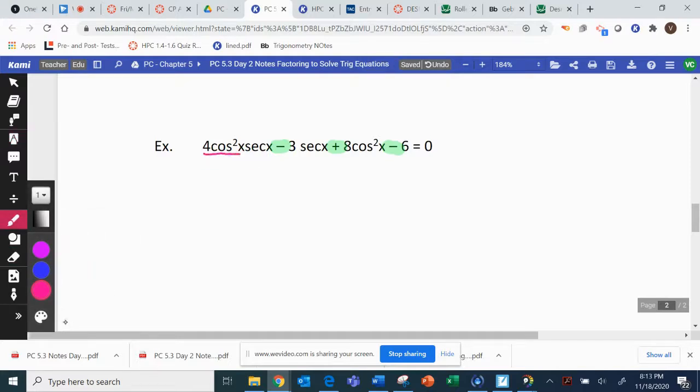And the way that we factor 4 terms would be to factor by grouping.